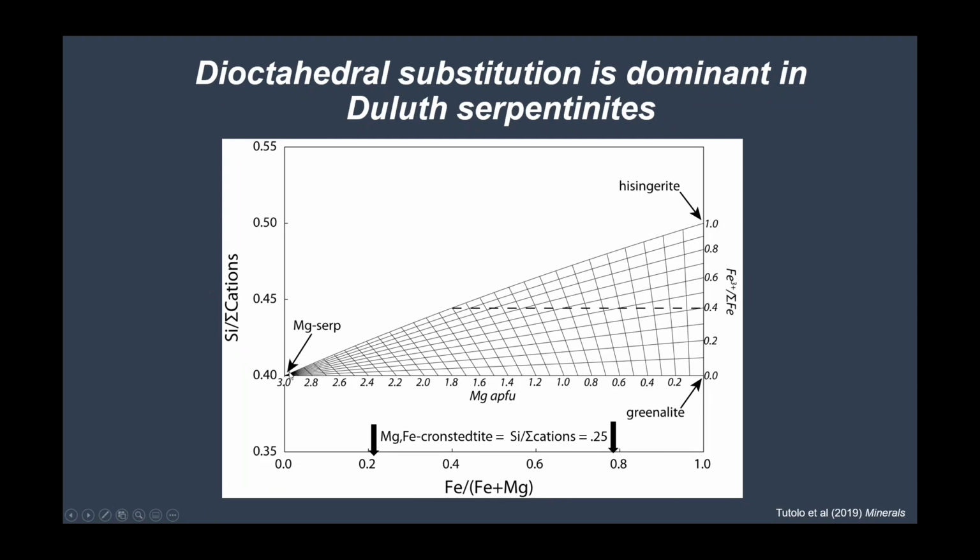And we go from magnesium serpentine, so that's lizardite, chrysotile, or antigorite, to hisingerite at the top here, so that's all oxidized iron in the octahedral sheet, and green light here, all Fe2 plus in the octahedral sheet down here. And note, if we were to plot iron and magnesium kronstedtite on this plot, its ratio of silica over total cations is about 0.25, so it would plot down below the bottom of this grid here.